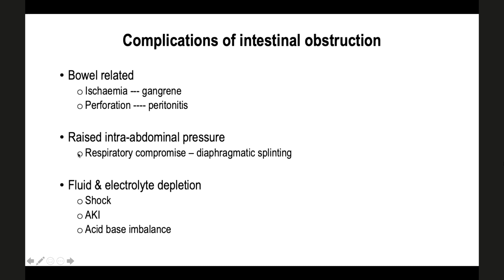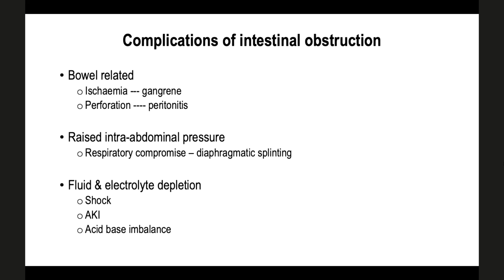And the other huge problem that patients with intestinal obstruction have is due to fluid and electrolyte depletion. They can go into shock, they can go into acute kidney injury, and they can have various acid-base imbalances. So these are some of the complications of intestinal obstruction.